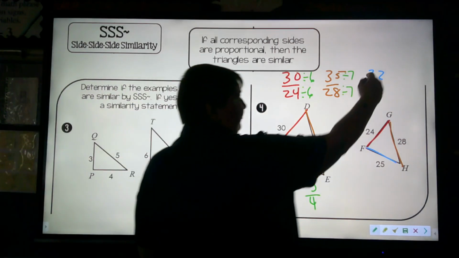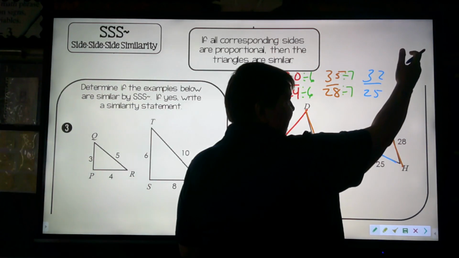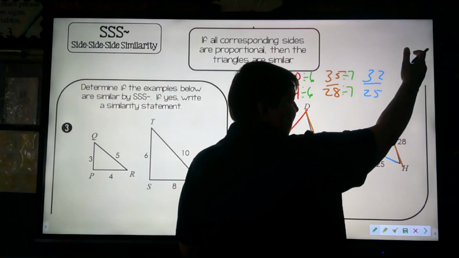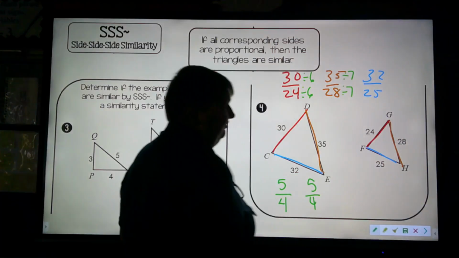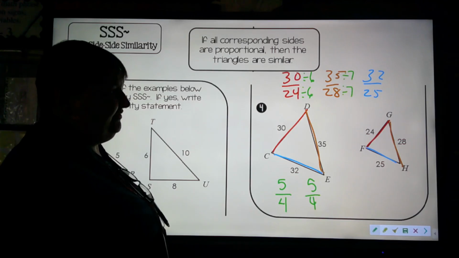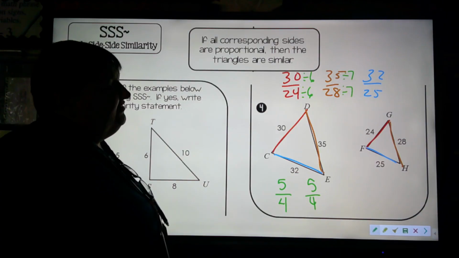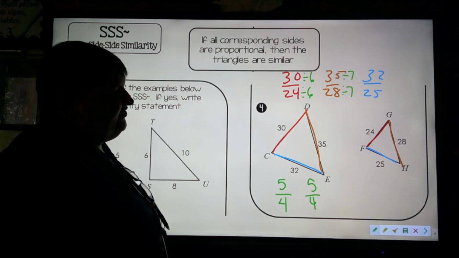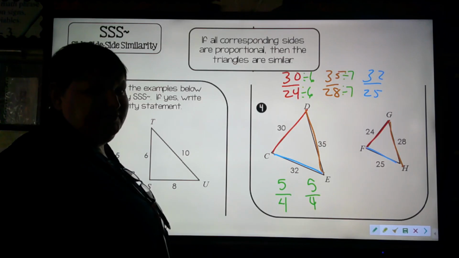Both of these can be divided by... uh-oh. 32 over 25 can't be simplified, can it? What are the factors of 25? 1, 5, and 25. None of those go into 32.